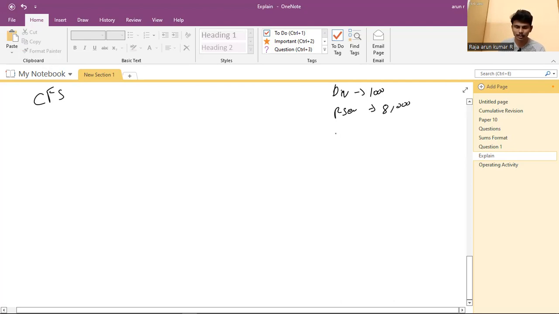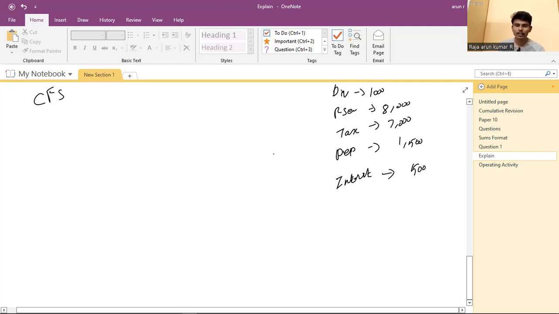Then tax they given is 7,000. Then depreciation they given, in the sum you assume depreciation 1,500. Then interest paid they given 500. Don't go to the deeper concept, just go with interest they given 500.